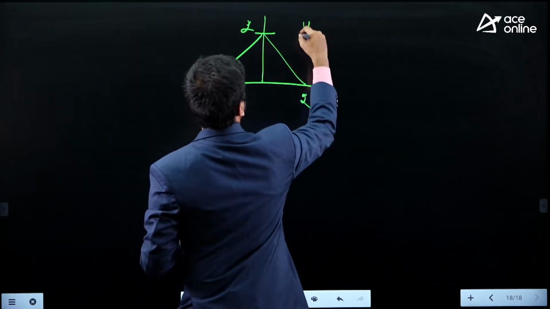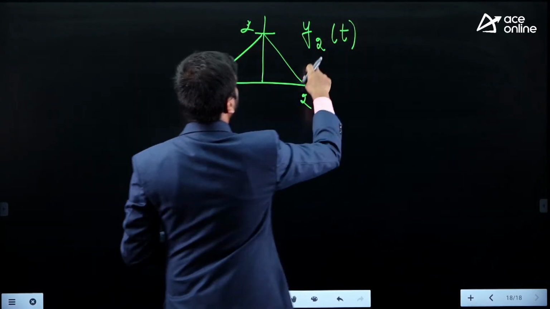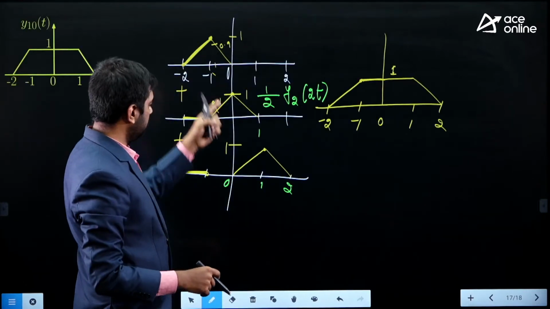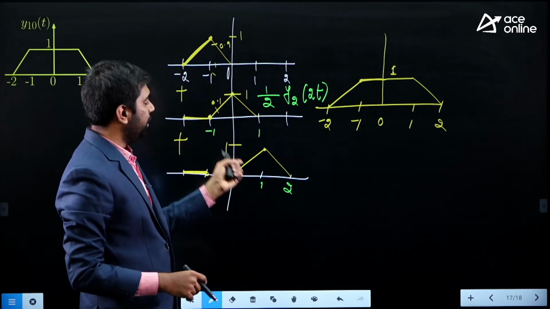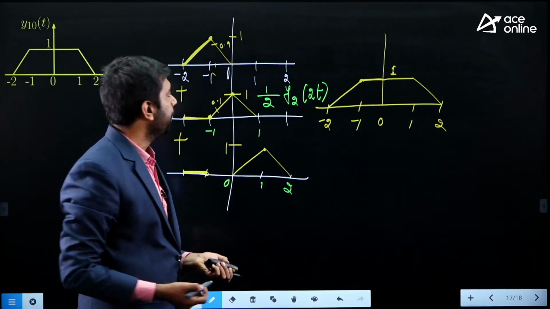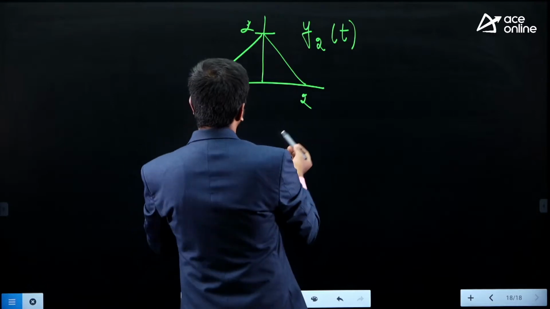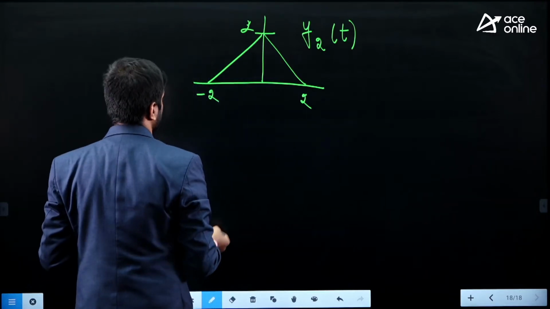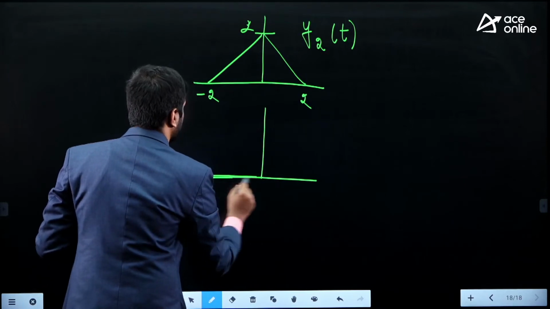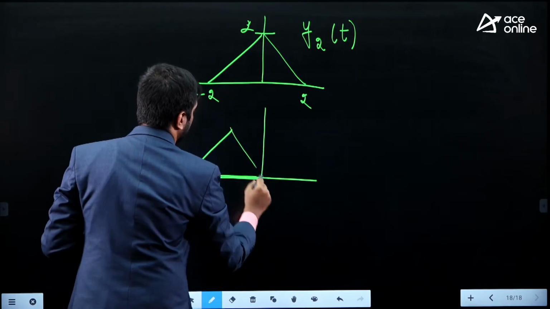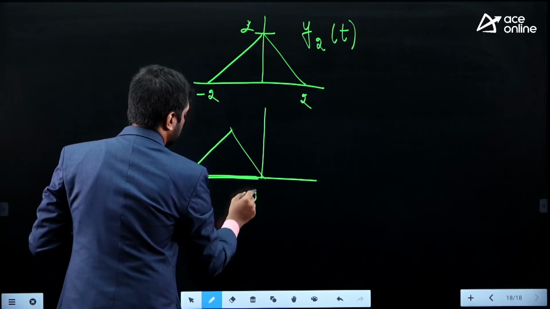This was our y2 of t. If you can find the expression for this, then the rest is very simple, because here you are shifting towards left, and here you will be shifting towards right. First I'll shift this towards left by 2 units. If you shift towards left by 2 units, you get a triangular pulse like this, from -4 to 0.